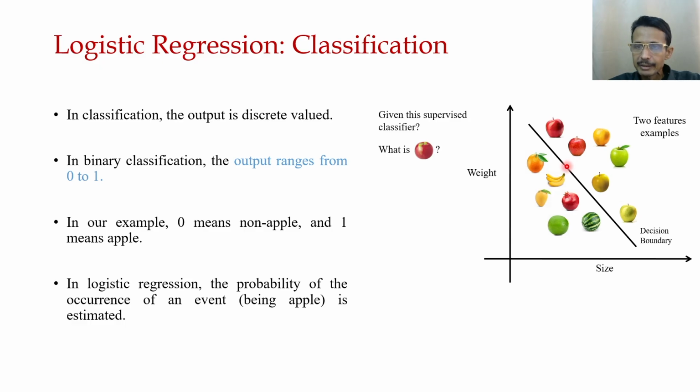In this example, the right hand side is apples and the left hand side is not apples. When a new instance is given and we don't know what it is, if it is on the right hand side, we can say, oh look, this is an apple. That is the intended output.